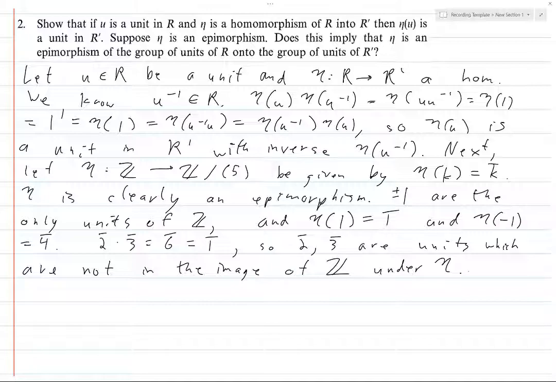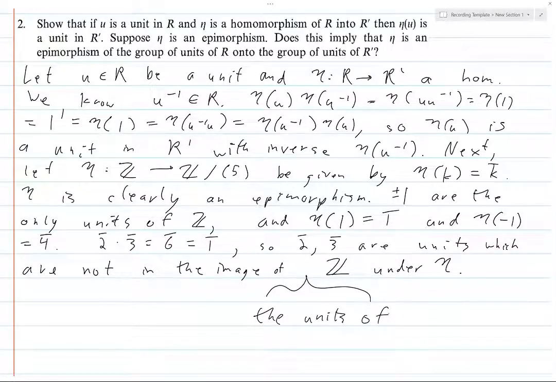But if you look, 2 bar times 3 bar is 6 bar, which in this ring is the same as 1 bar, and so 2 and 3 are units in Z mod the ideal generated by 5, but they are not in the image of the units of Z under this map eta.